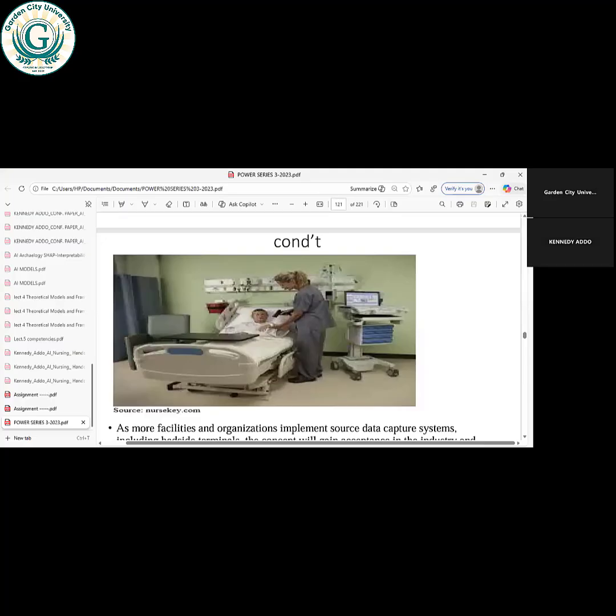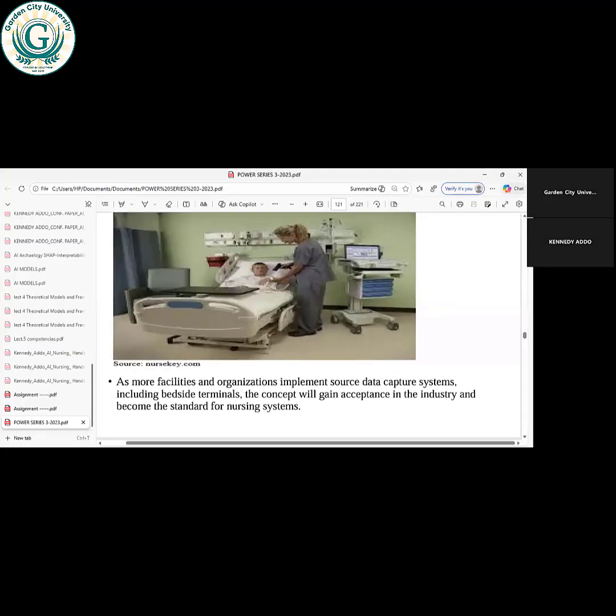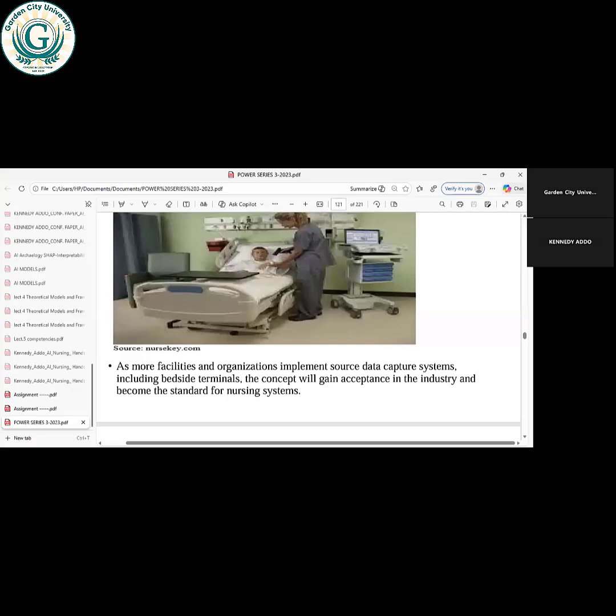And this one is very good. As more facilities and organizations implement source data capture systems, including bedside terminals, the concept will gain prominence, it will be accepted in the industry, and it will become a routine standard practice for all nurses, right?